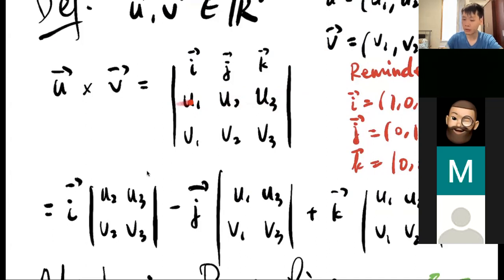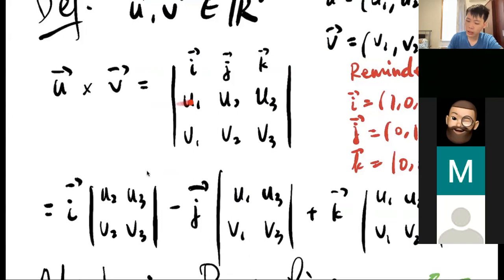So you have 0 minus 0, 0 minus 0, 0 minus 0. So you have 0i, 0j, 0k, so the end result is 0. So that means when either one of the rows is 0, the cross product is 0. So that's why here it means 0, right?